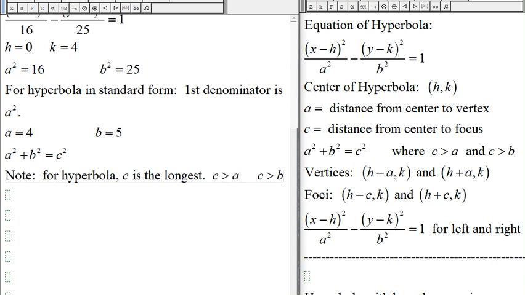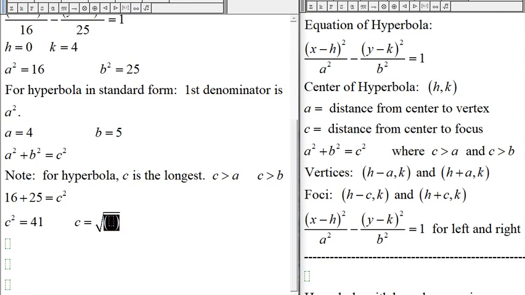Now for the ellipse, the longest length is a, but for the hyperbola, the longest is c. So now we have a squared is 16, plus b squared is 25, equal to c squared. So we have c squared equal to 41. Then take the square root of both sides, and so we get c is equal to the square root of 41.